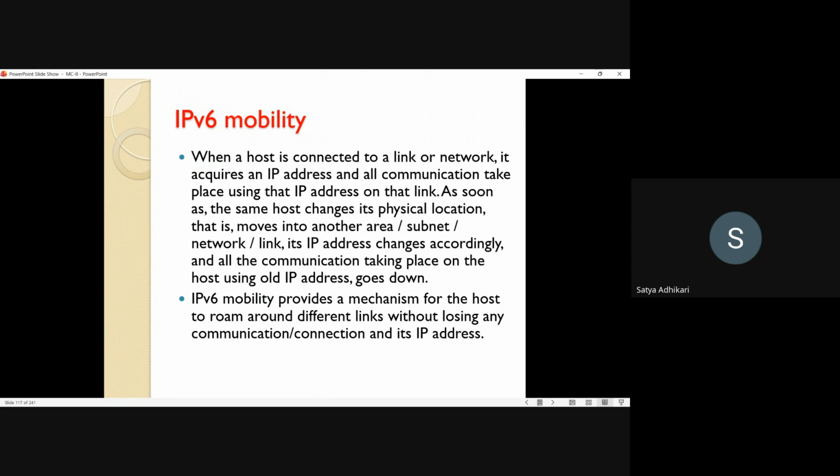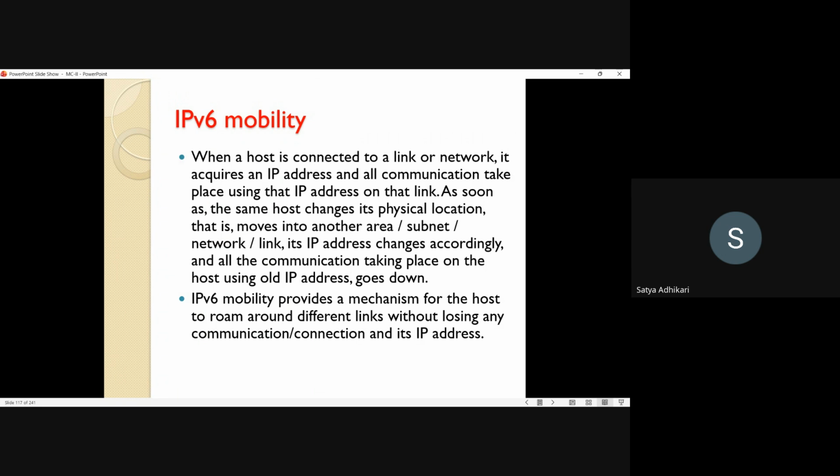If you connect any node to a network, it acquires an address known as an IP address. Once it gets that IP address, the rest of the communication takes place through this IP address.